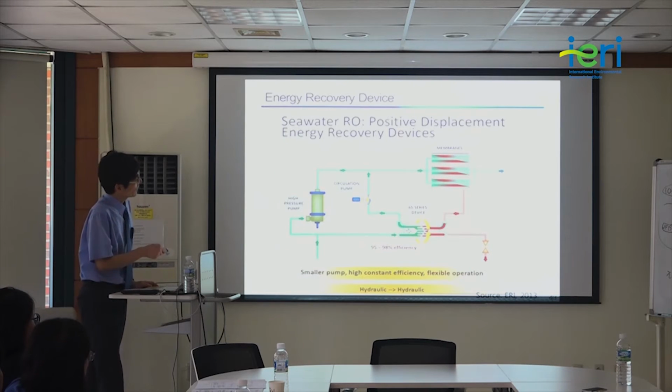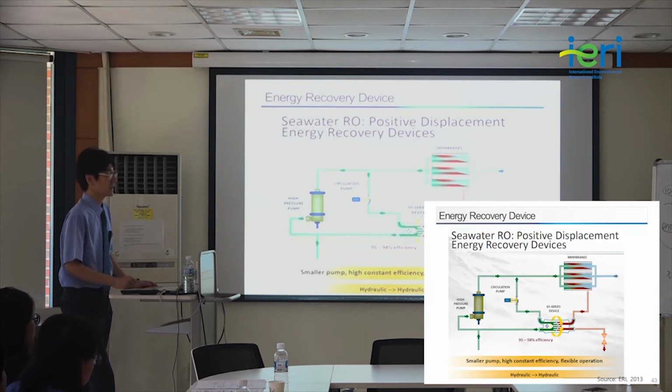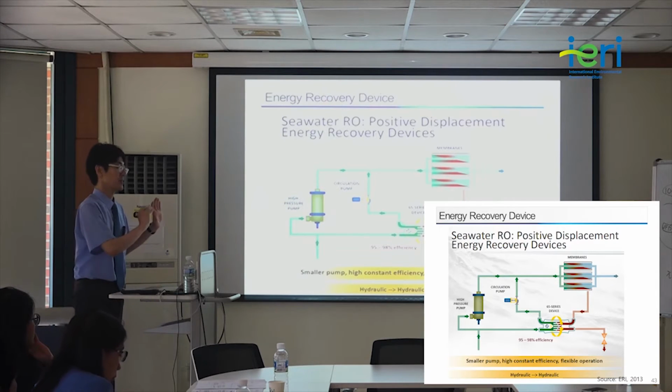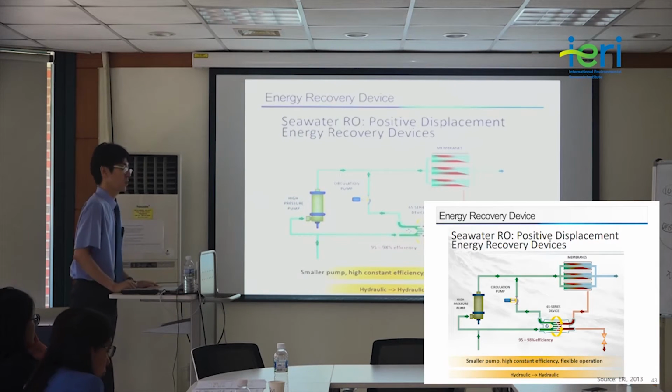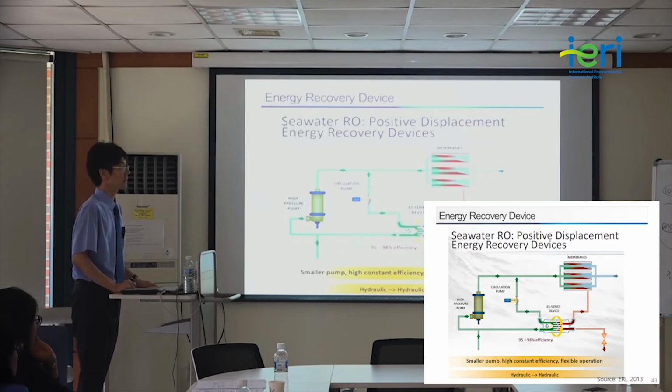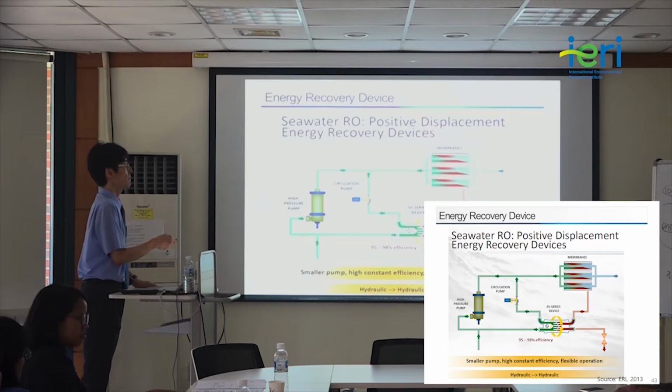So the basic idea is that inside this PX, there is a special rotating device which can directly deliver the pressure from the high pressure side to the low pressure side.